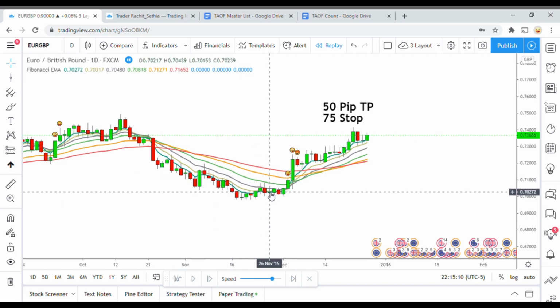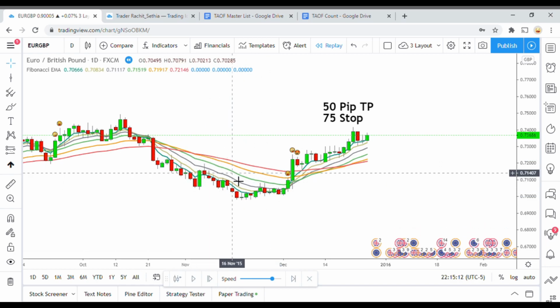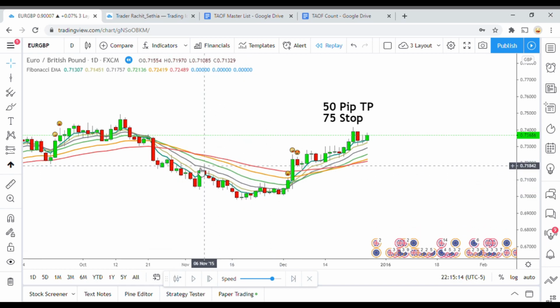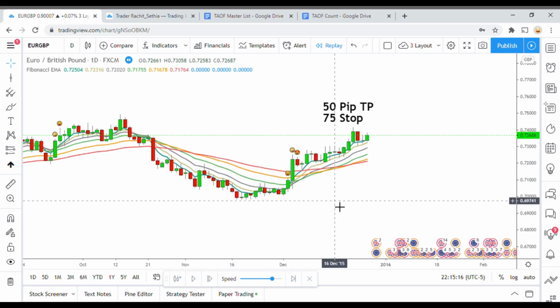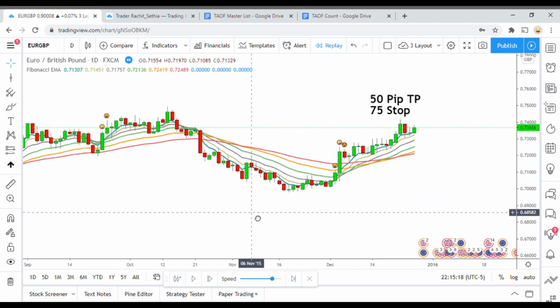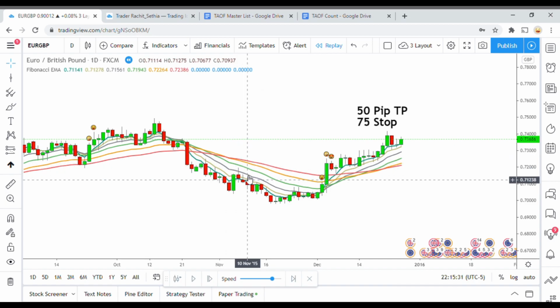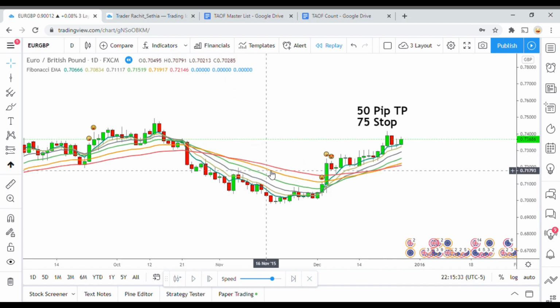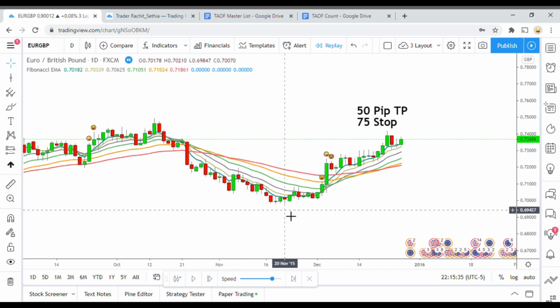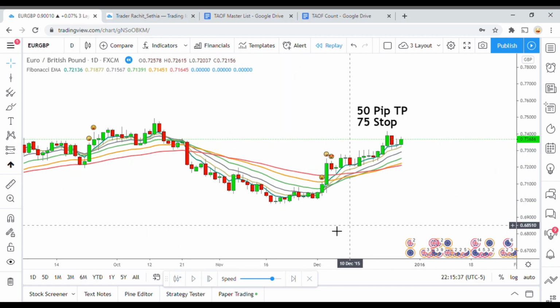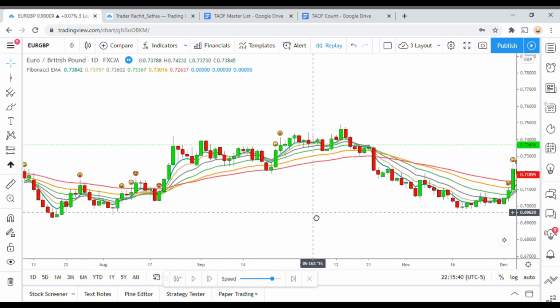You could use these different moving averages as support and resistance. For example, as there's a downtrend and a pullback, these moving averages act as resistance to the upside, and you could look to trade reversals going back down.